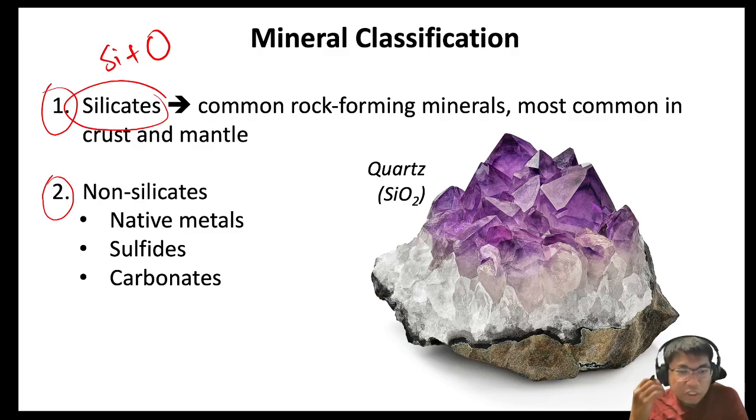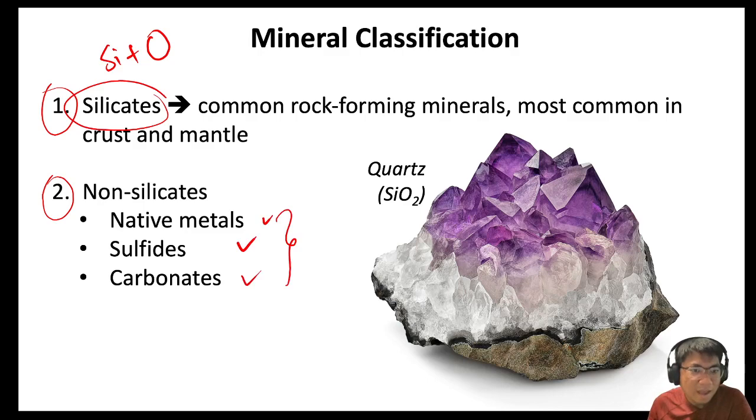So if you go out in the field, or just by the street, and you find a piece of rock, there's a really good chance that it is a silicate rock. But of course there are also other types of minerals such as native metals, sulfides, and carbonates, and we're just going to call them all non-silicates.